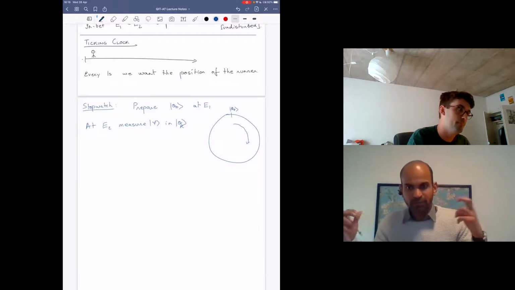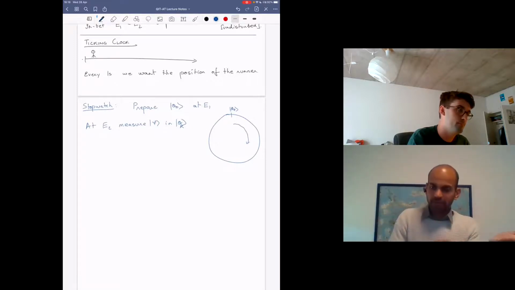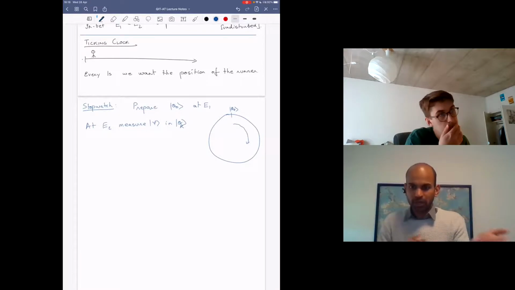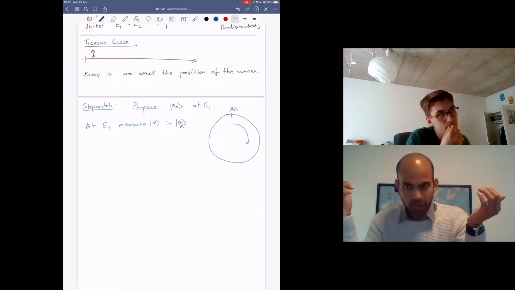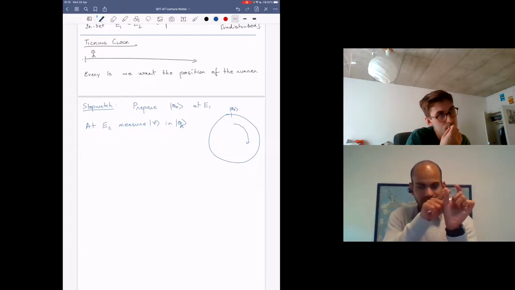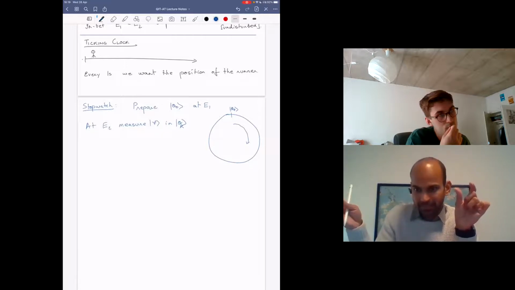And this is where the concept of Fisher information comes into play: the amount of information about time, or about any variable you want to measure, which is actually encoded in the degree of freedom that you're measuring. It's not a perfect amount of information unless the clock is ideal. For example, if it was the momentum clock, then the time is exactly the same as position, so if we measure the position of the clock, we get exactly how much time has passed, and there it's not a guess.